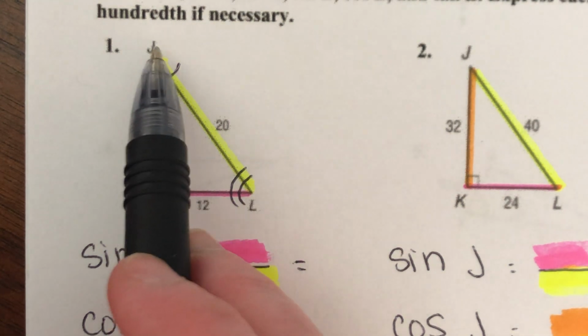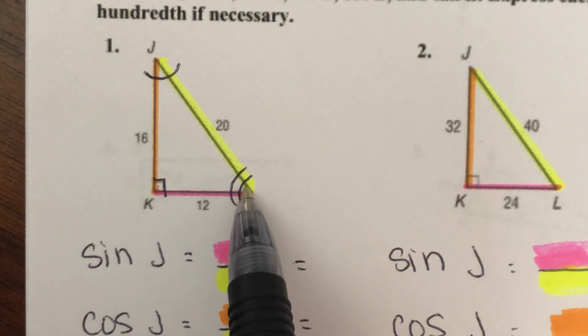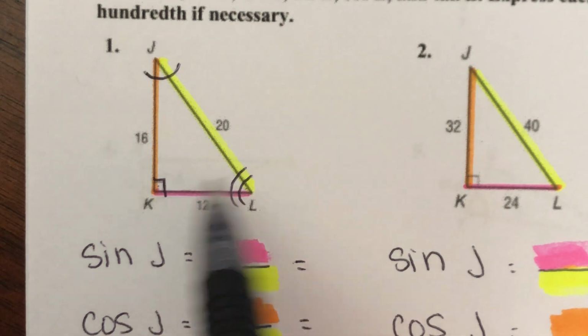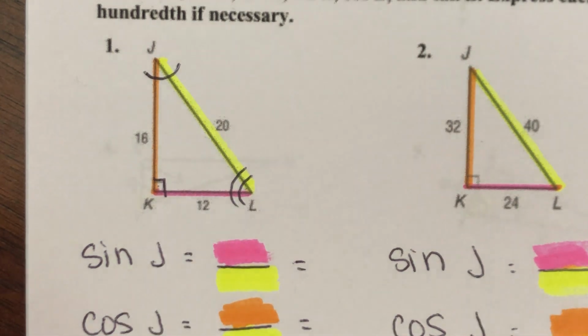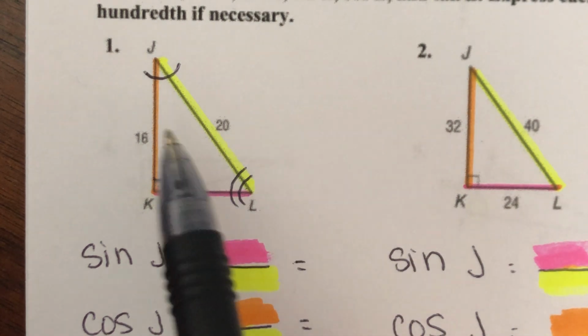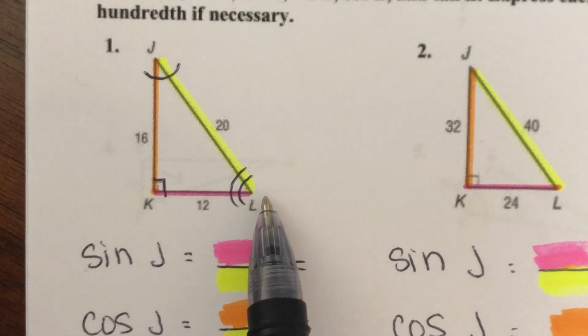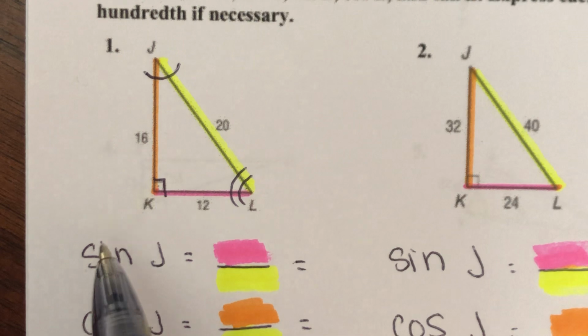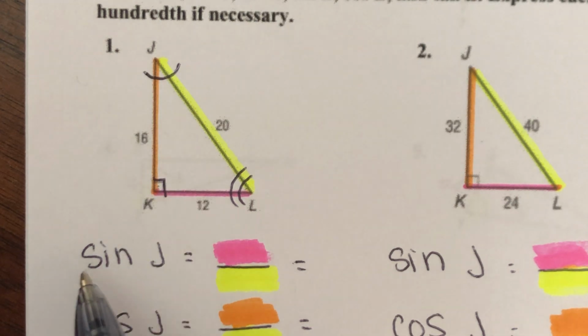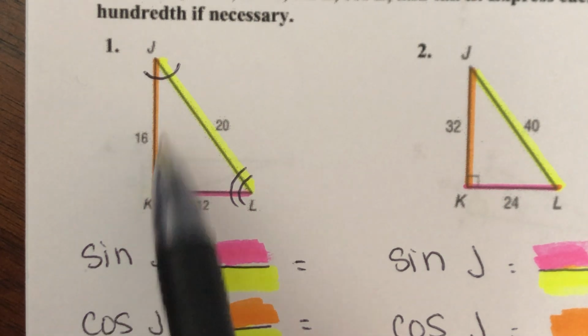What we do know is the length of all three sides of this triangle. So we can use any of the trigonometric ratios, right? We can use sine, cosine, or tangent, because we're not missing anything. All right, so for sine of J, where's angle J? First of all, we find angle J. And sine is opposite over hypotenuse, right?